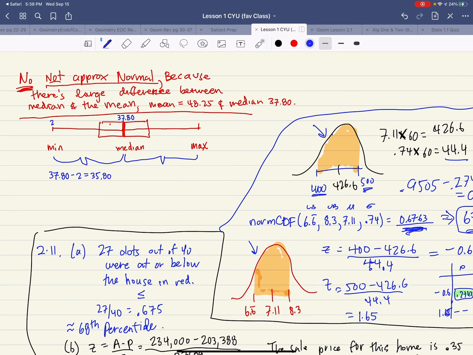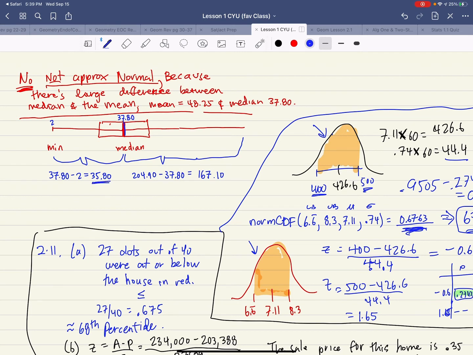And now let's compare the upper half. So if the maximum was 204.9, and again, the median is still 37.8, we get 167.10. So I drew a picture, but in fact, this max is a lot further away. Right?